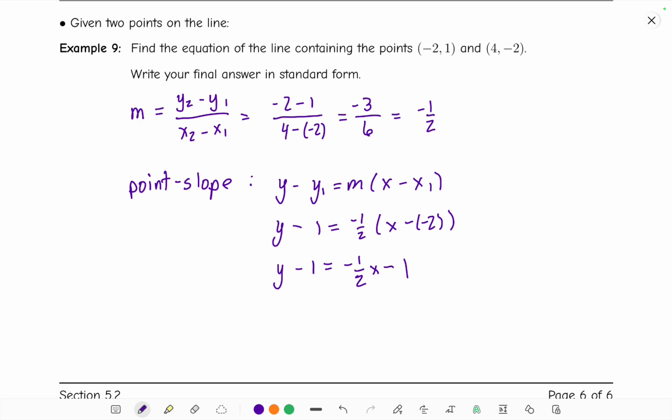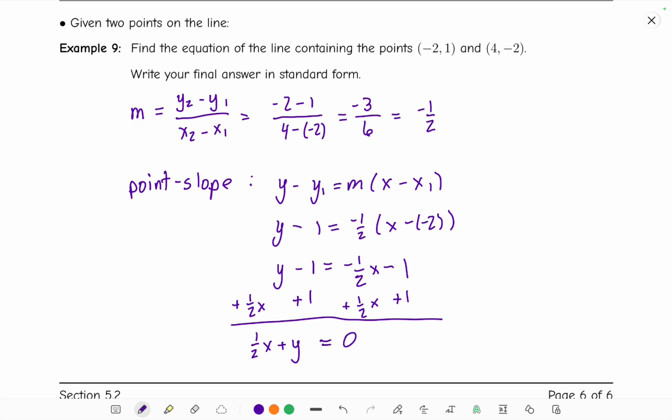Now in standard form, we need x and y on one side. So I'm going to add 1/2 x to both sides. So you get 1/2 x plus y, but then I'm also going to add this 1 to both sides to get equals 0.